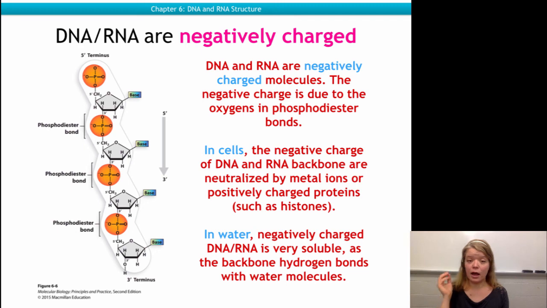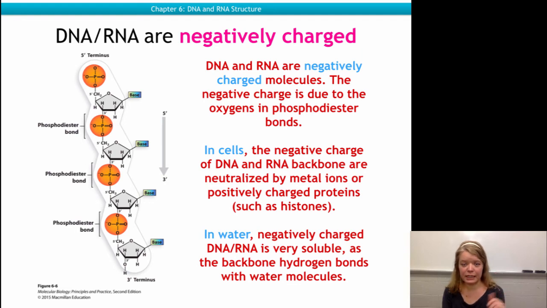All right, so let's recap. We know now that DNA and RNA have orientation. They are oriented 5' to 3'. Because they're oriented 5' to 3', because they're synthesized 5' to 3', they are arranged antiparallel when they are in a double helical situation.